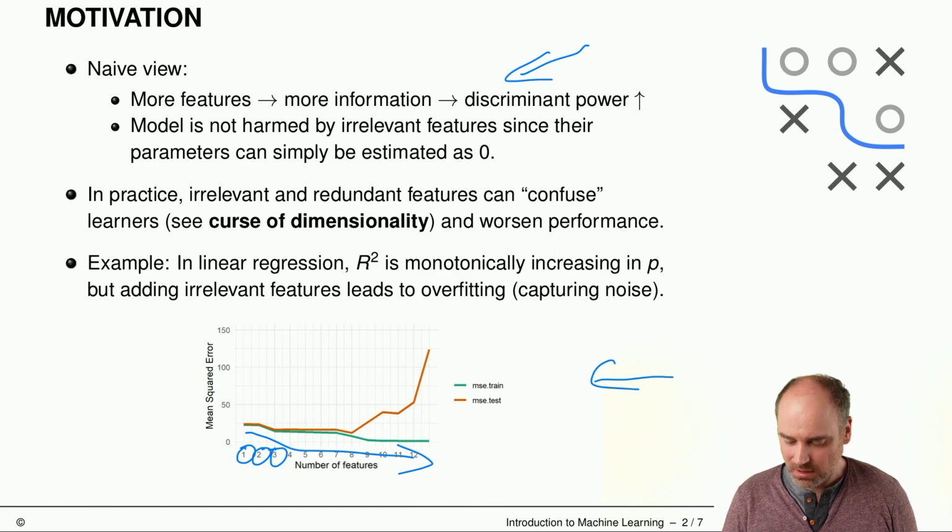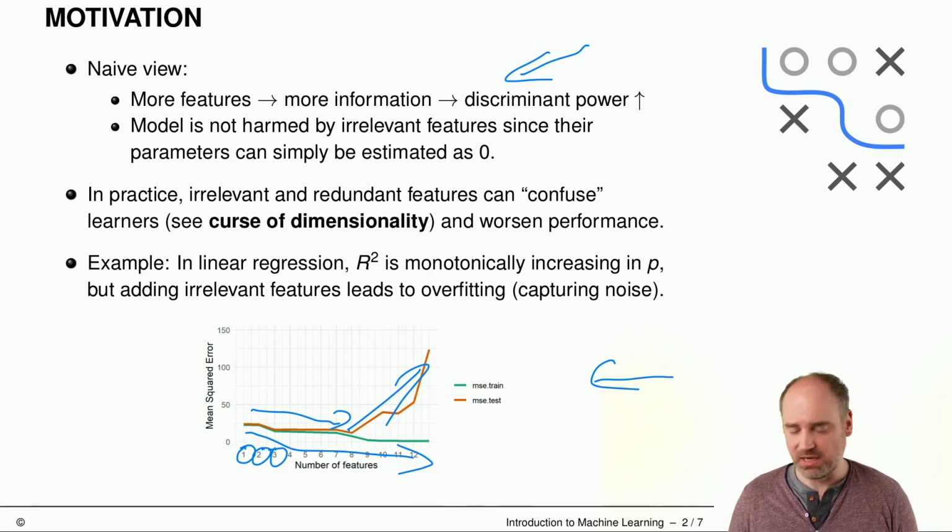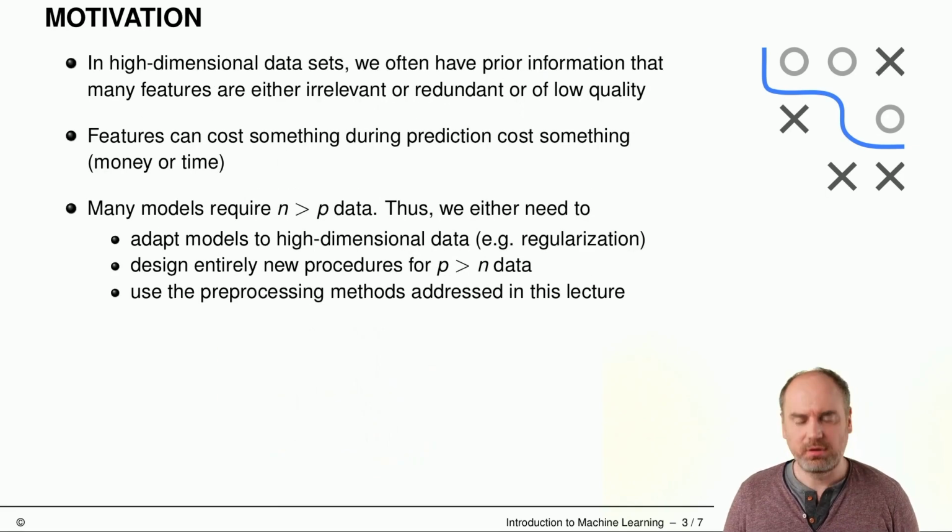But we are interested in the prediction error, and that actually does go down in the beginning because adding in more of these features is helpful, but at some point overfitting takes over, and the test error goes up quite drastically. I'm pretty sure in the regularization chapter I analyzed this example in more detail. I want to stop here for now and rather go on with the discussion of feature selection itself.